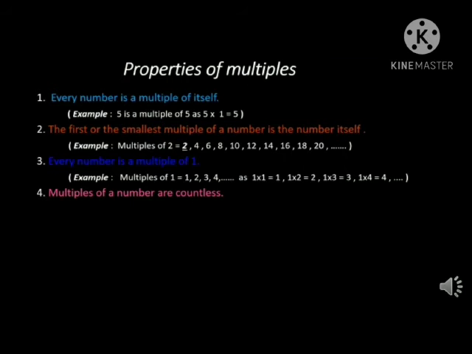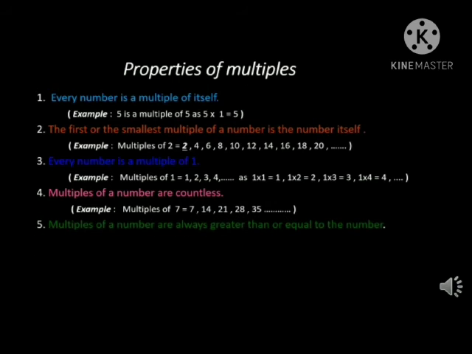Now let us see fourth property. Multiples of a number are countless. For example, multiples of 7 are 7, 14, 21, 28, 35 and so on.